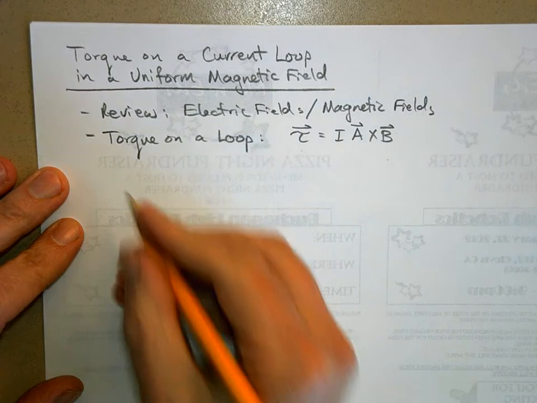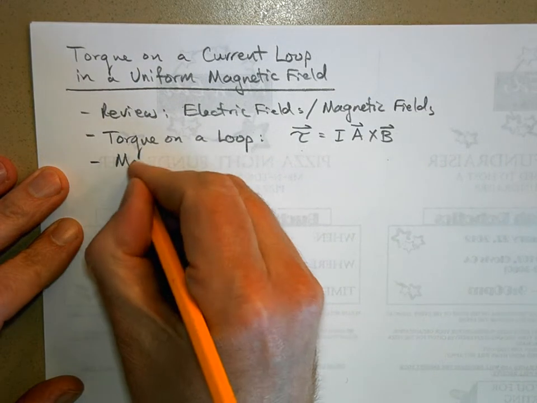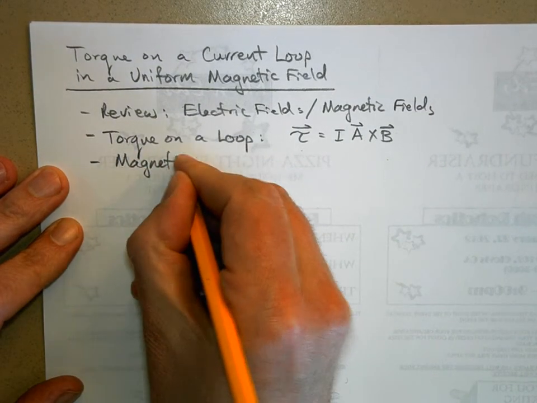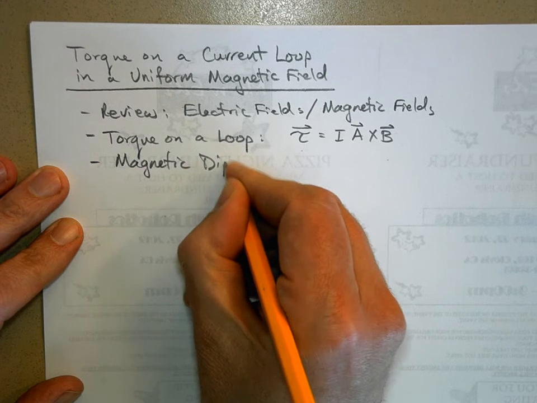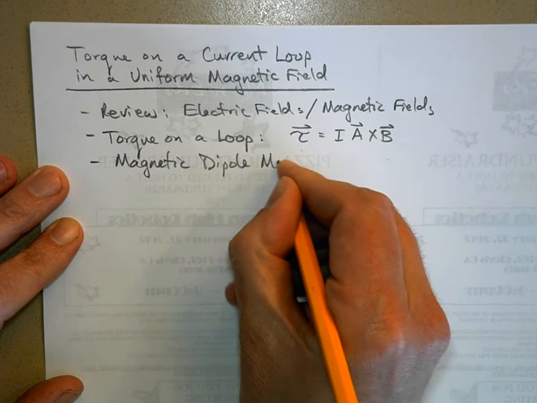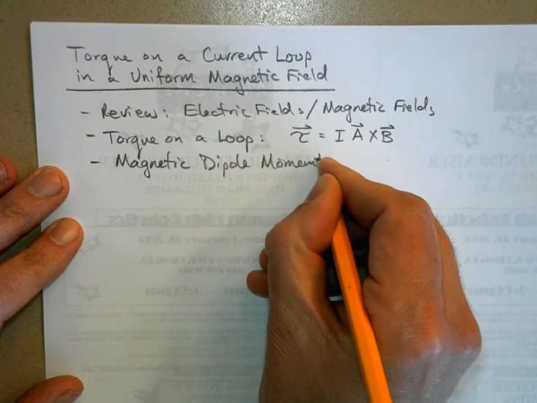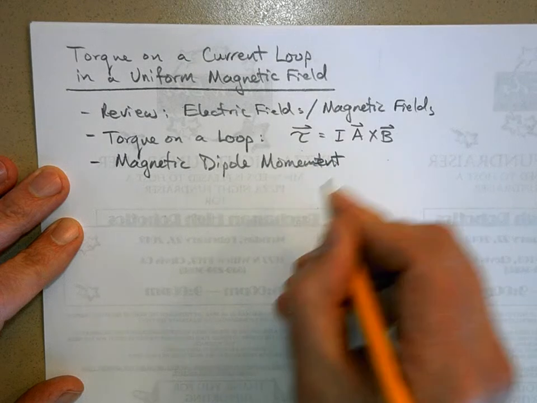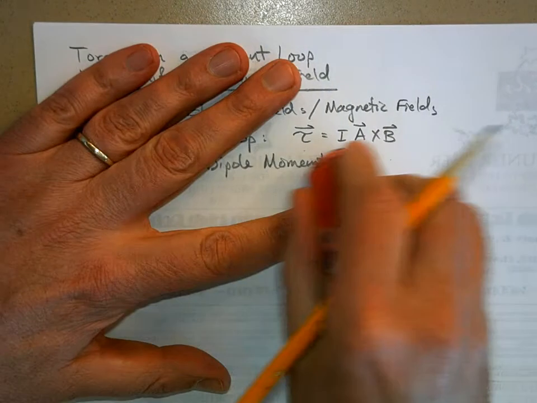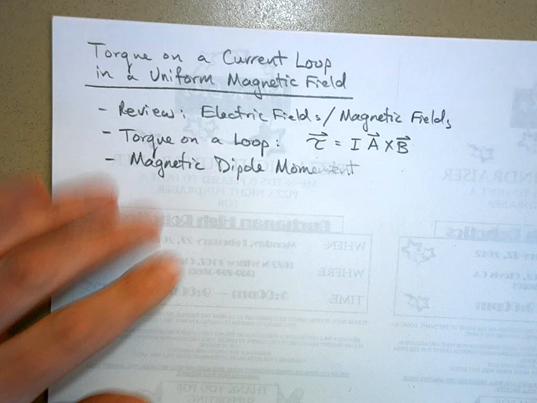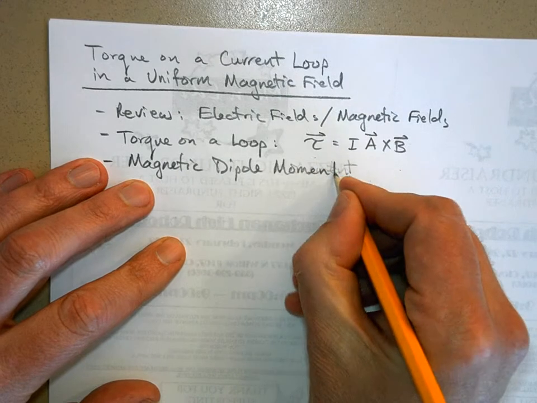And we're also going to define this thing called the magnetic dipole moment, or just the magnetic moment. Magnetic dipole moment.